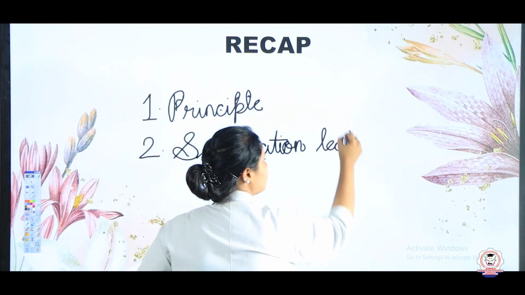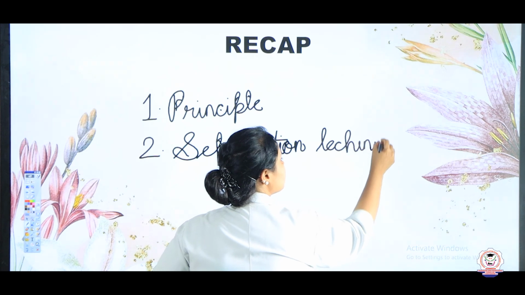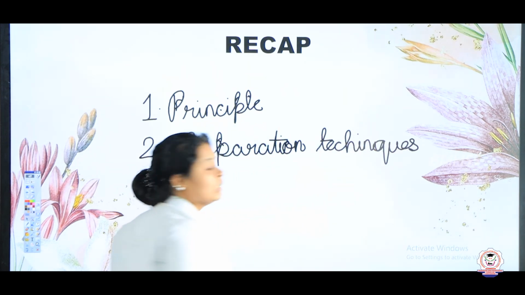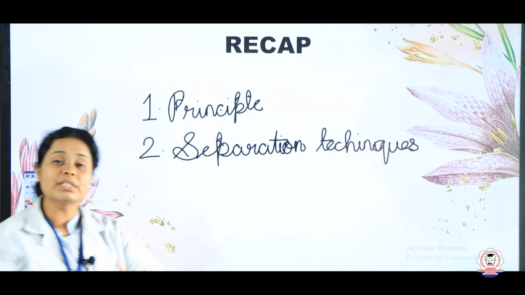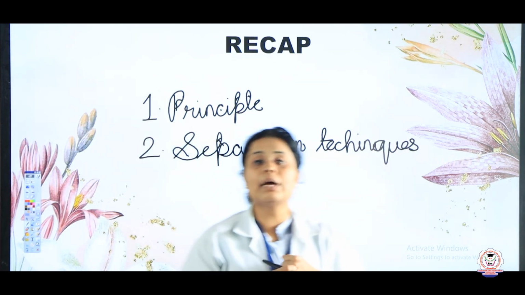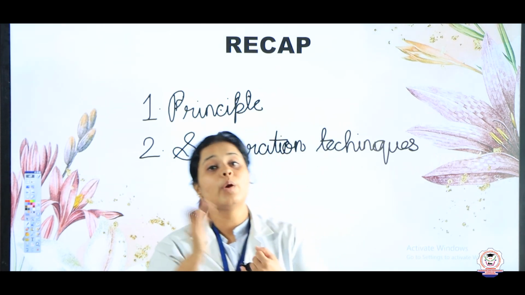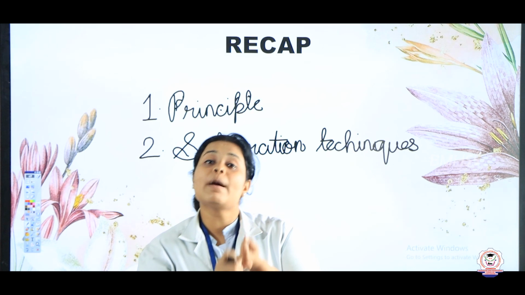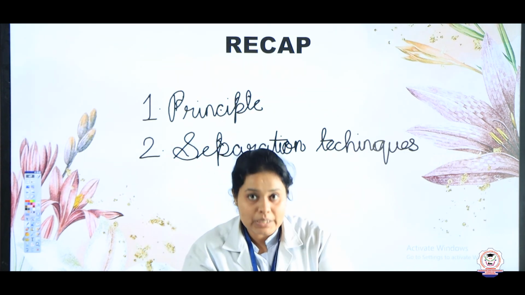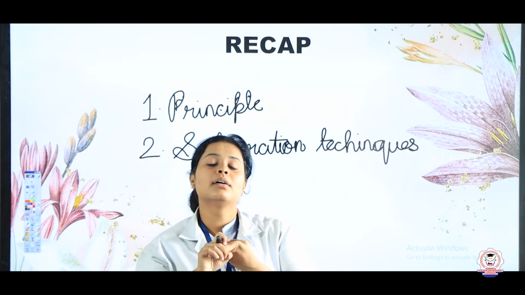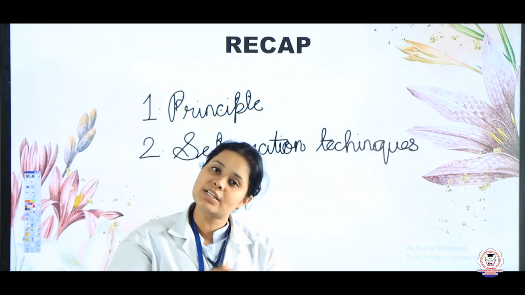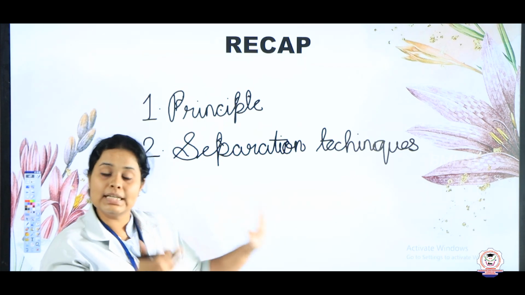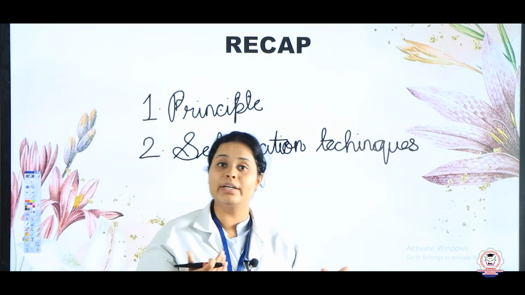Here in separation techniques we have seen many techniques, for example paper chromatography, or what I said as chromatography, distillation, evaporation, then sublimation, and also fractional distillation. So children, just go through this lesson, everything whichever we have provided here, right?